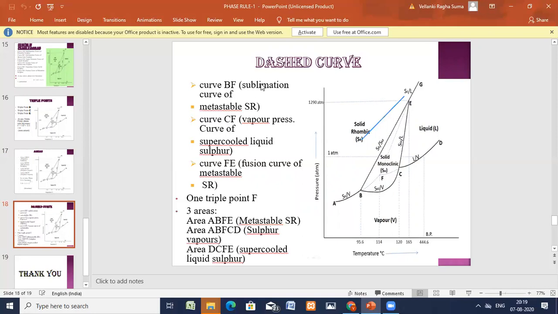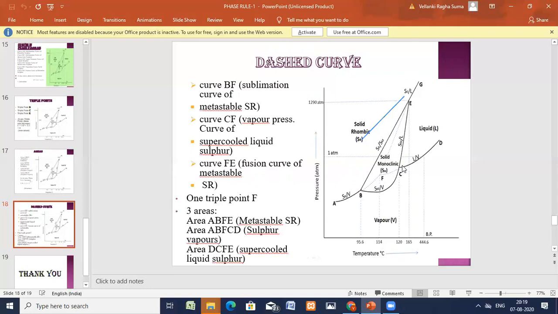Curve BF is the sublimation curve of metastable rhombic sulfur. And CF, this CF is the supercooled liquid of the sulfur. This is the liquid state.